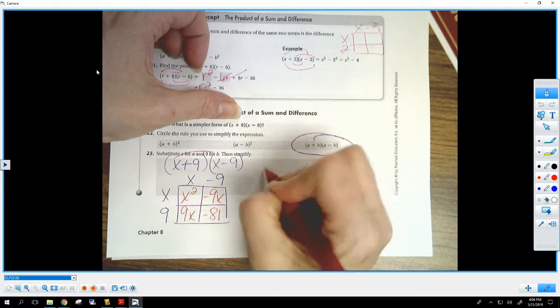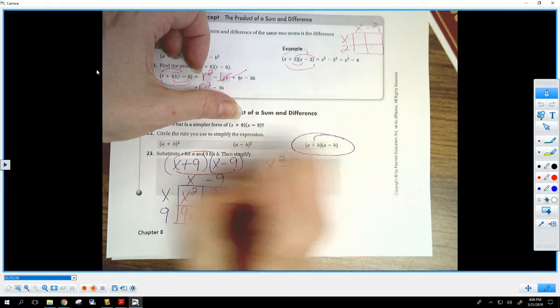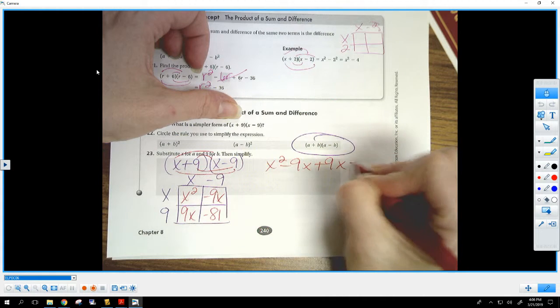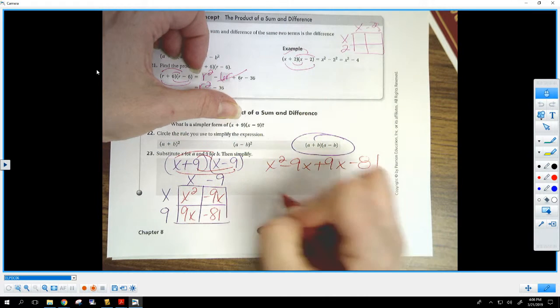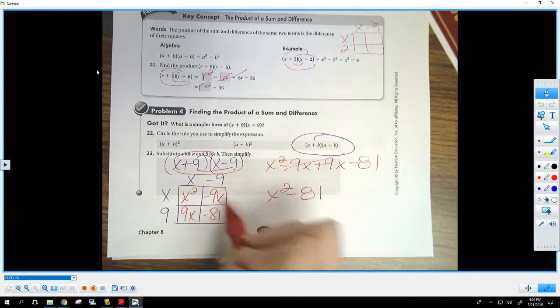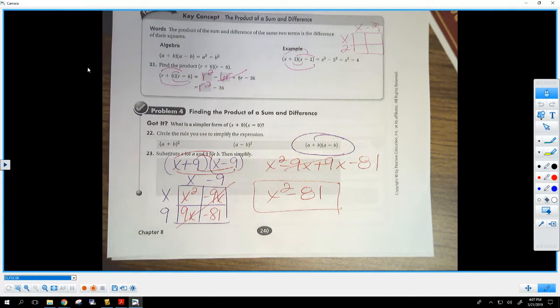If I do FOIL, first, outside, inside, last. Okay, either way, the middle crosses out and you get x squared minus 81. This is going to be your final answer.